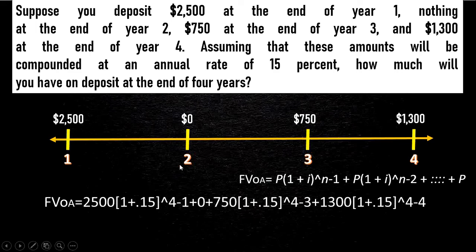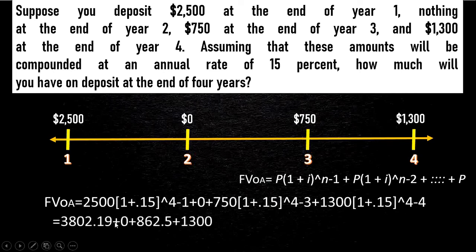You see it has increased by 1 every year. First year n minus 1, second year it would be n minus 2, but as nothing was deposited, we are keeping it 0. In the third year n minus 3, in the fourth year n minus 4, so 4 minus 4.